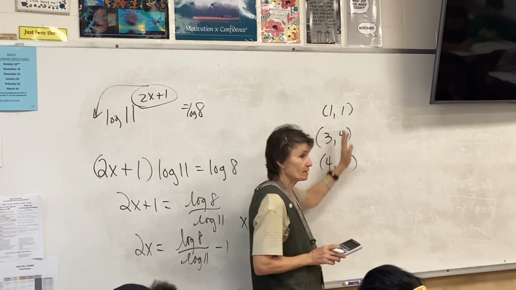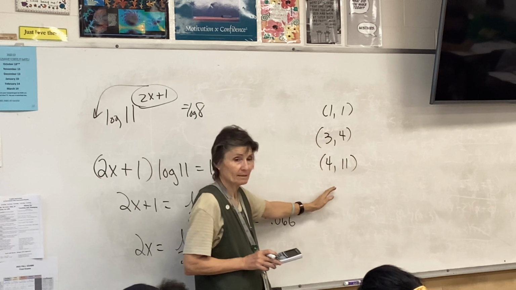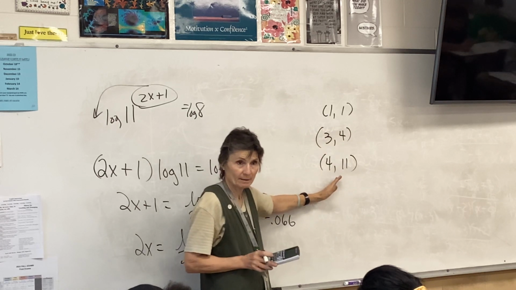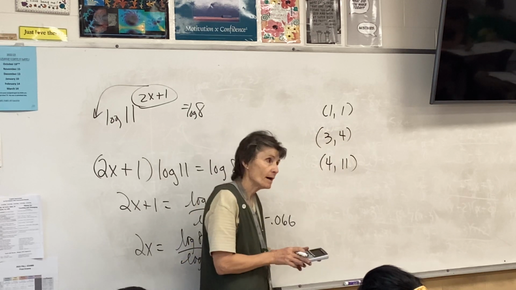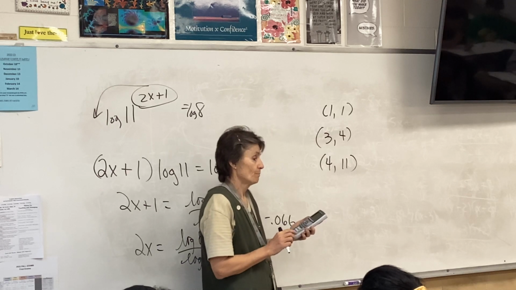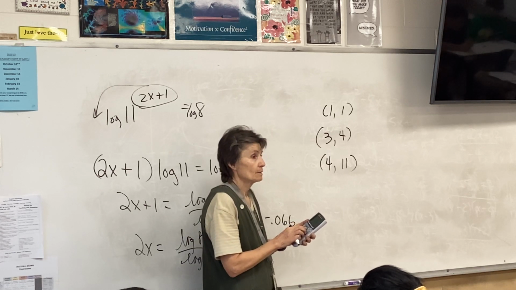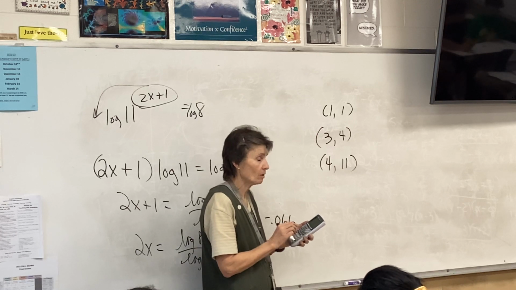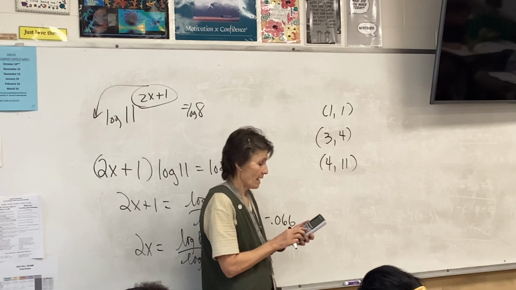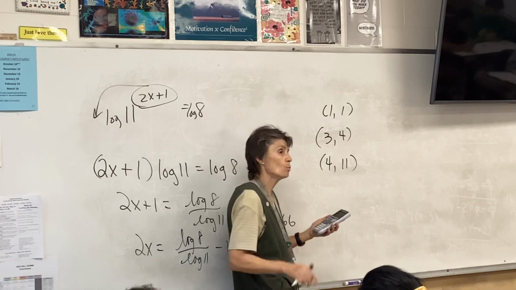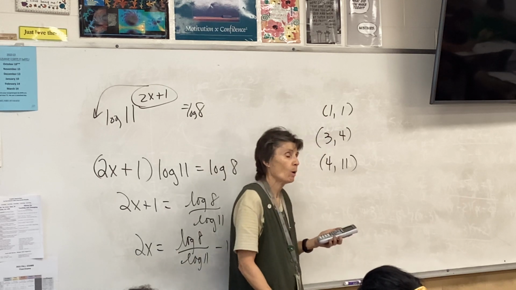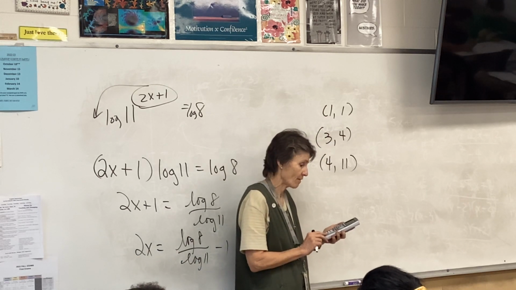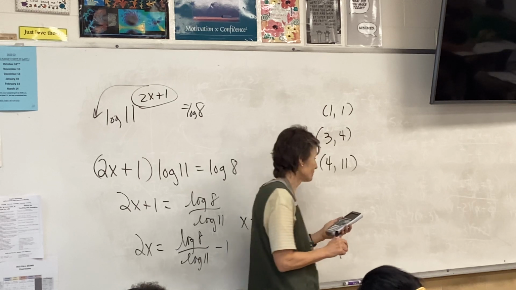So once we get those points in, stat edit, list 1, list 2, then go back to stat, over to calc, and then pick the regression that you want. This time it's quadratic, so we'll pick that regression.